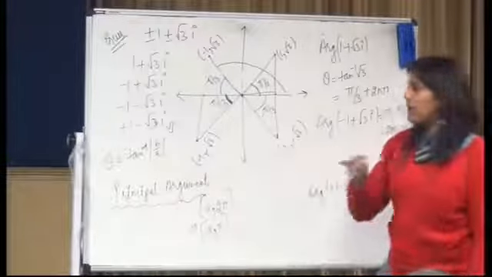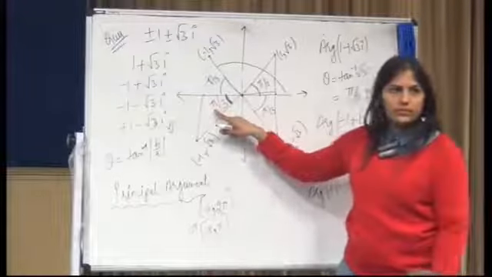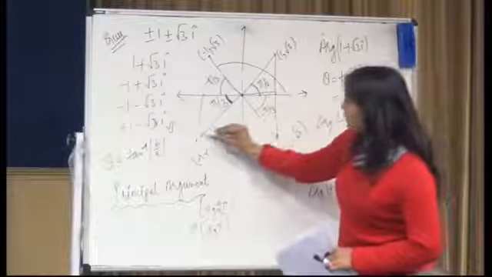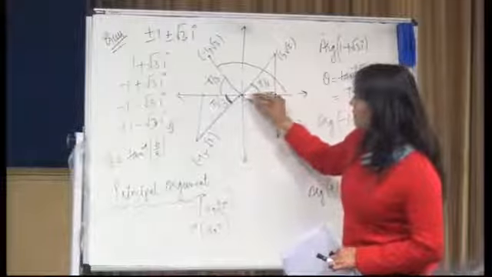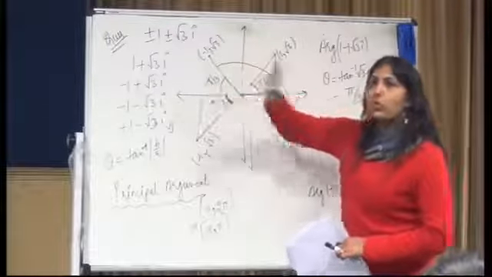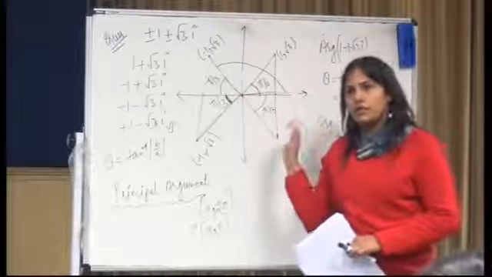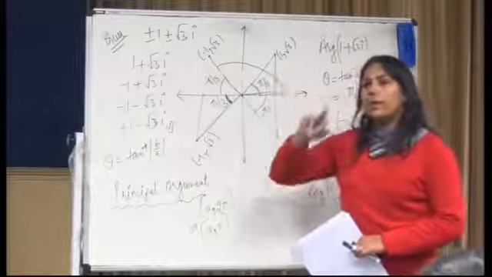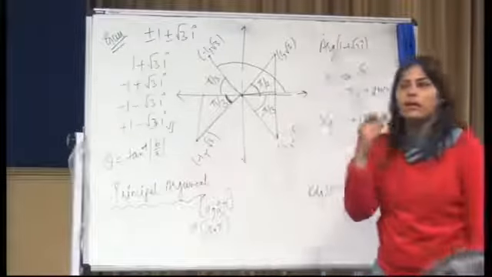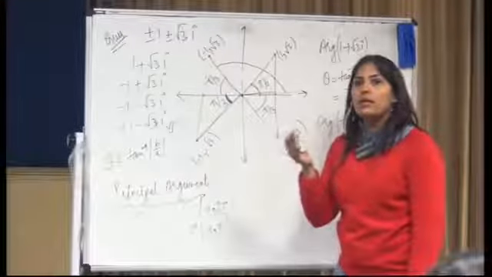Basically the thing is here, this is pi by 3, got to know. The complete angle with this radius vector, this is the radius vector, this is the x-axis, so complete angle should be pi plus pi by 3, 4 pi by 3 answer for this point. So 4 pi by 3 plus 2n pi, that is the answer, not wrong, fine. But that answer is not coming in principal argument.